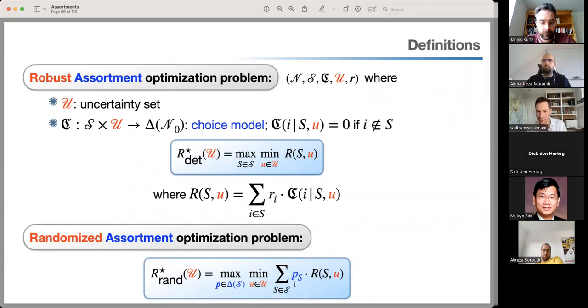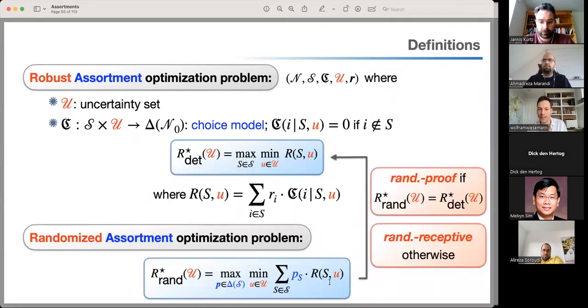The outer expectation is taken with respect to our randomization strategy, and the inner expectation is the expected revenues due to the uncertainty in the customer choice. We will call an instance of the assortment optimization problem randomization proof if the optimal value of the randomized assortment optimization problem coincides with that of the deterministic robust assortment optimization problem. And we call an instance randomization receptive otherwise, if we can actually make extra worst case expected revenues by randomizing over assortments.